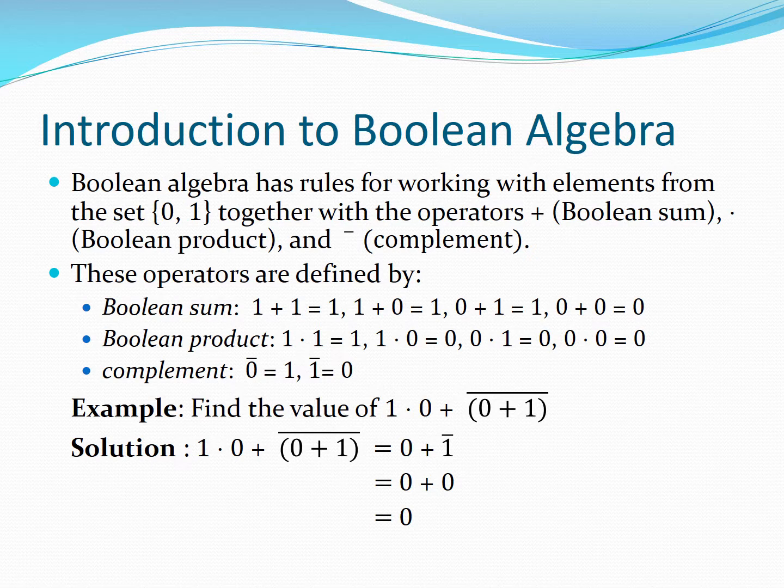So the Boolean algebra has some rules that we need to understand in order to know how to work with Boolean algebra. So when we did propositional logic, we dealt with propositional variables, and they could take only two values, and those two values were true or false. Right?